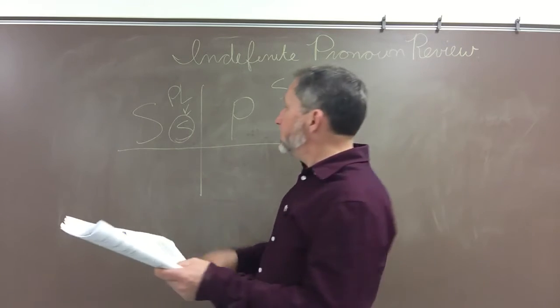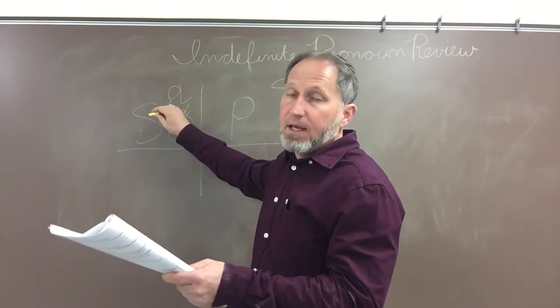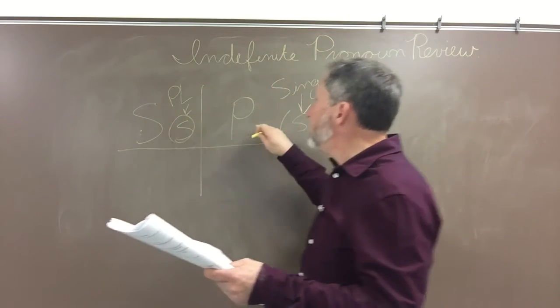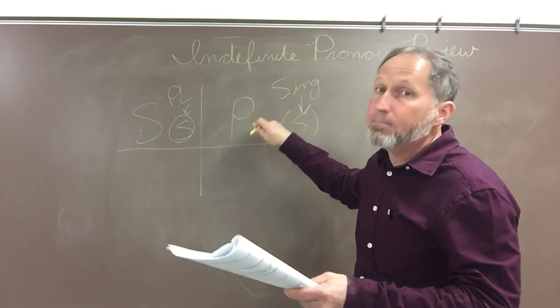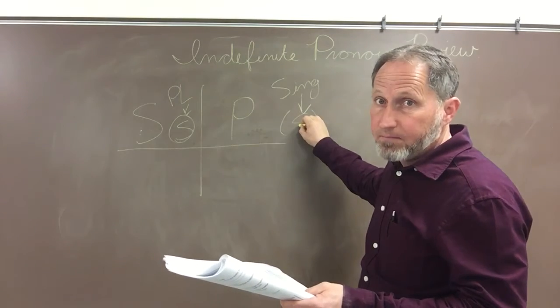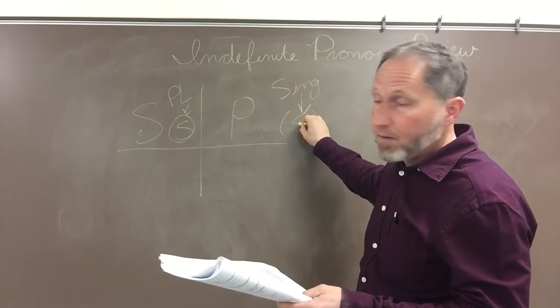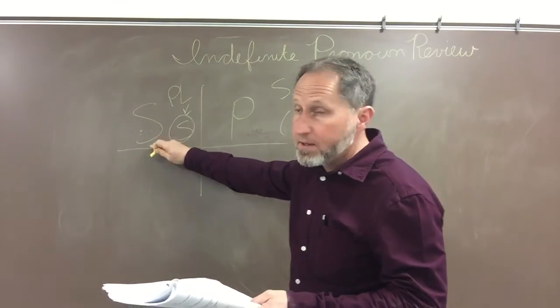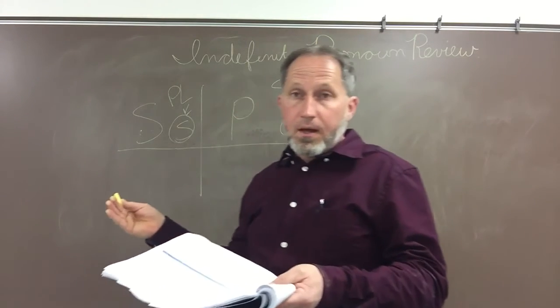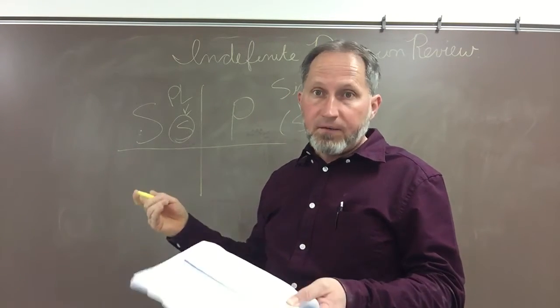So that means if you use any of the ones or the bodies, or each, either, neither as a subject, the predicate must be singular. That means it's going to have an S on it, typically. Okay? So they'll always be singular. The predicate's going to need an S, typically, or be the singular being verbs.